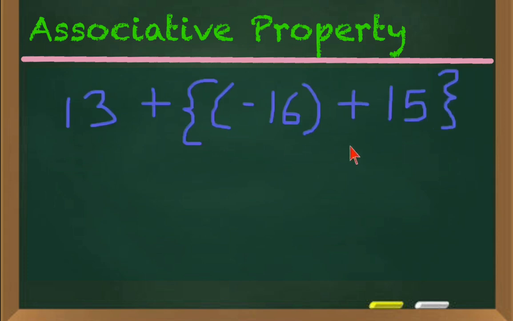As you know, we have to solve the brackets first, so we have to solve 13 plus -16. Positive and negative makes a minus operation, so 16 minus 13 is 3.